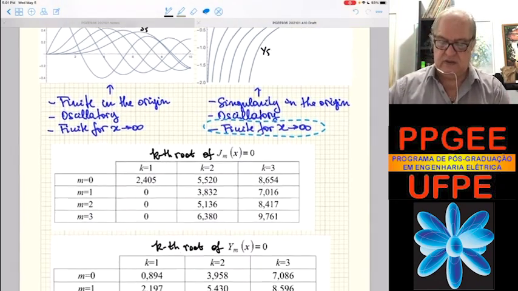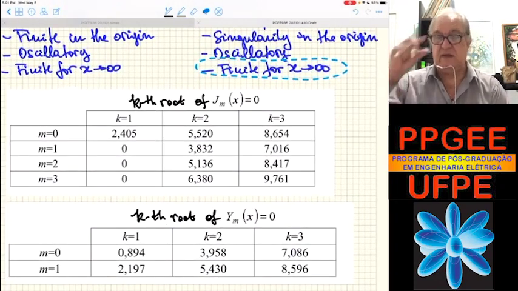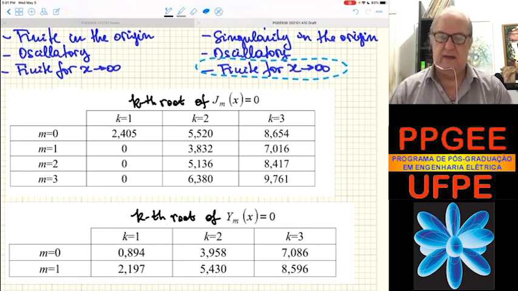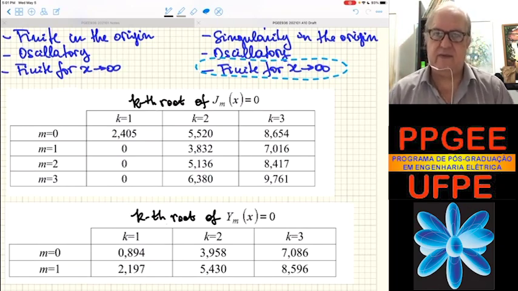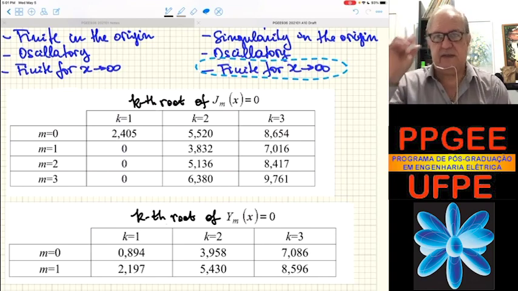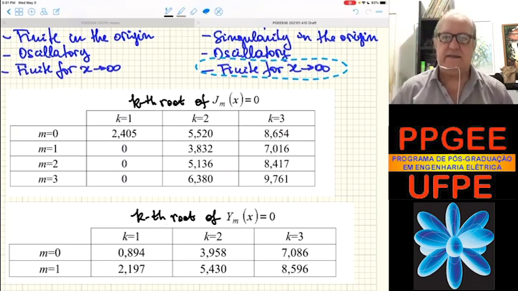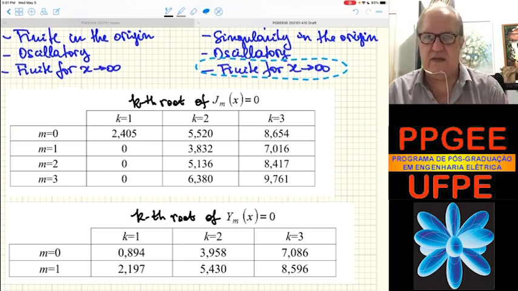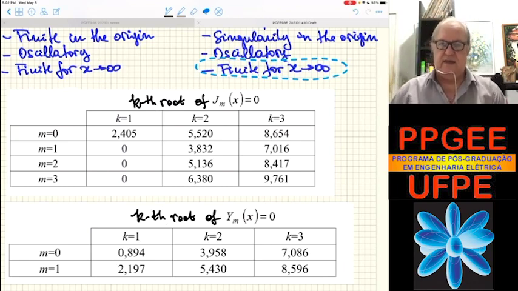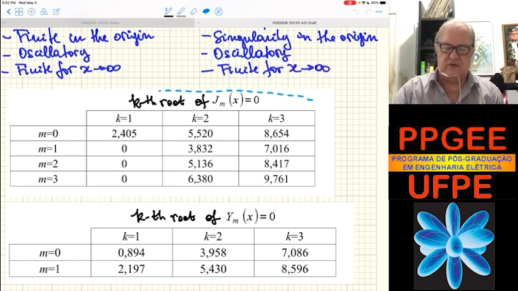We have the roots of the Bessel function for order m. In my course on workshop of computer modeling and simulation, I asked the students to develop an algorithm to find the roots in a single matrix, so you can find any root of those equations.